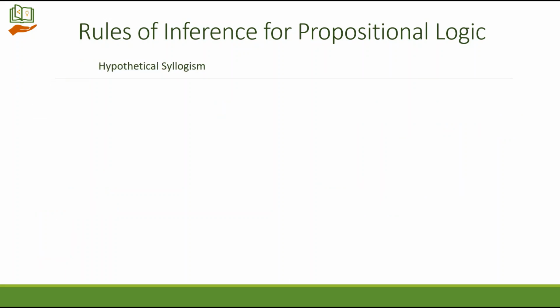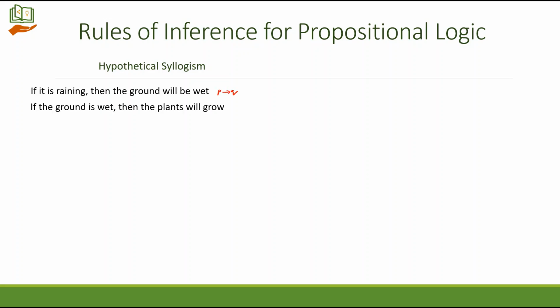Now let's get into the next rule of inference, hypothetical syllogism. If it is raining, then the ground will be wet. So we know this is P implies Q. If the ground is wet, then the plants will grow. So here we can take it as Q implies R. From this, what we are able to conclude is if it is raining, then the plants will grow.